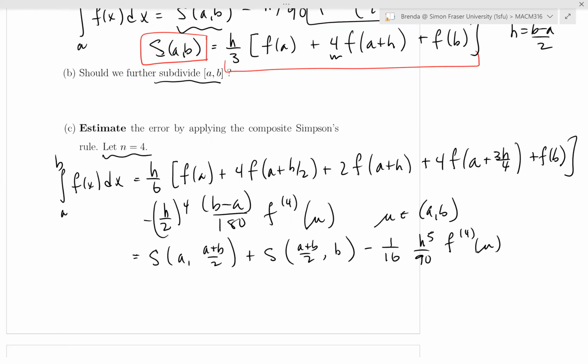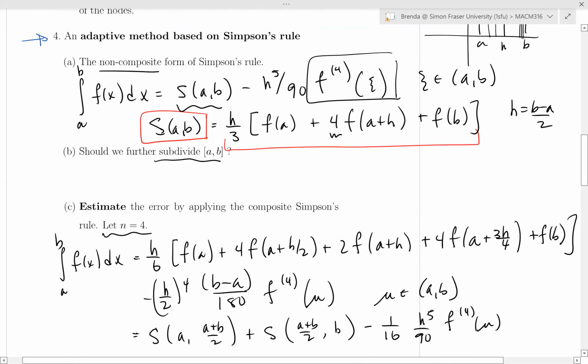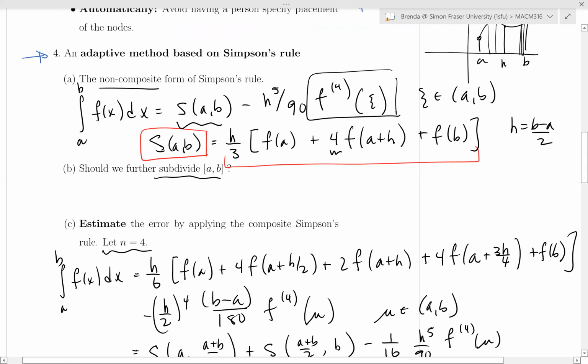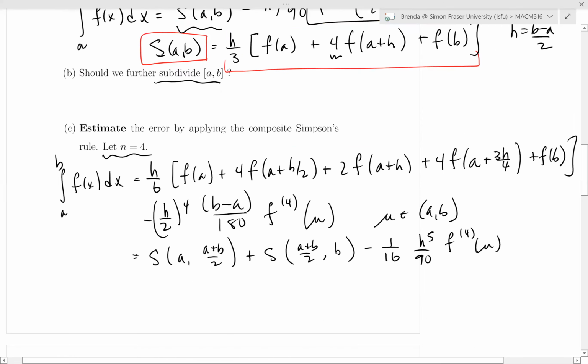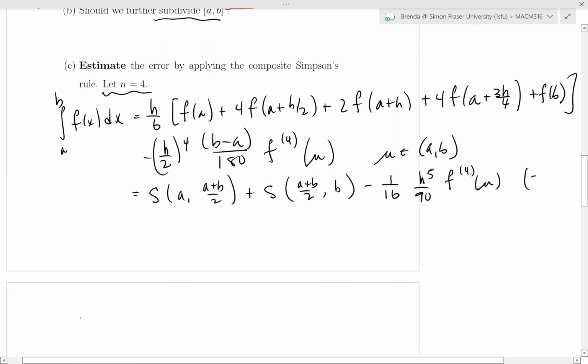We'll just note this guy up here as equation 1, and this guy here as equation 2.